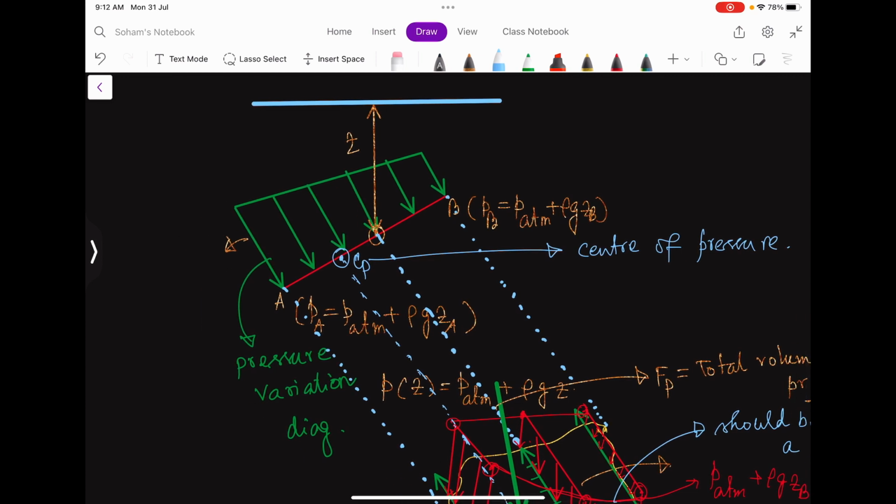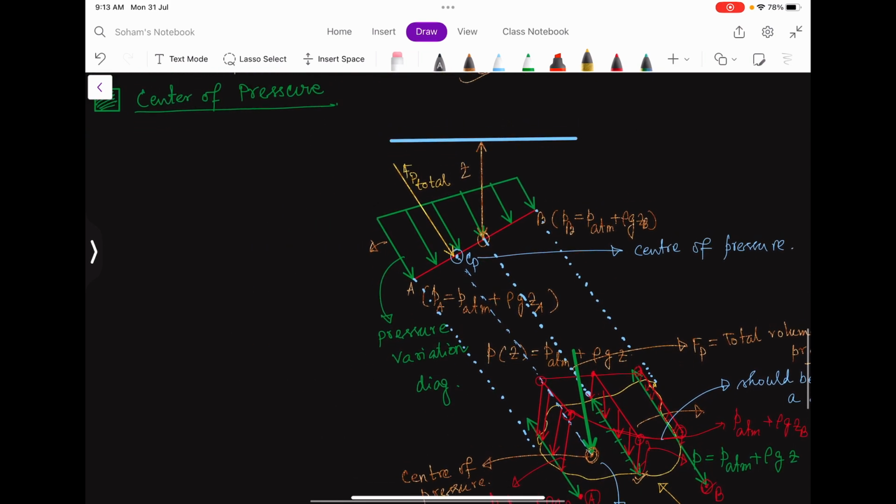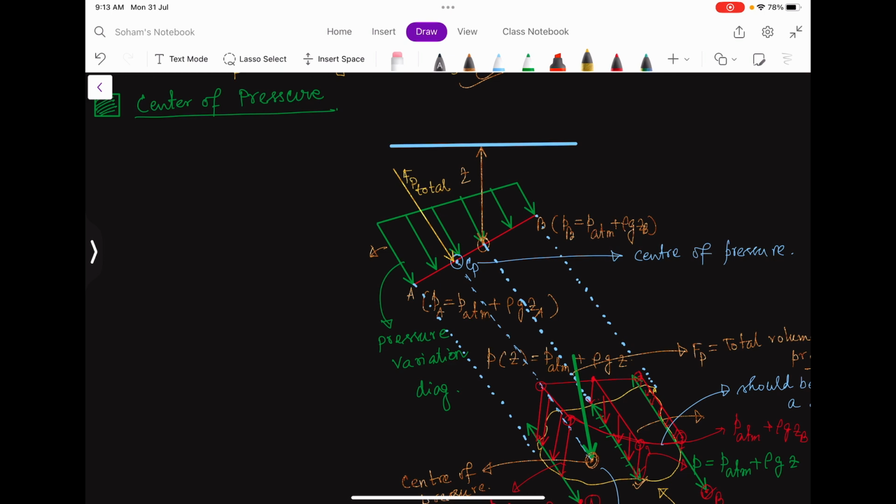So again, if I draw the force through this point, then this is my FP total, total pressure force, right? So first of all, my objective is to find the position of CP.